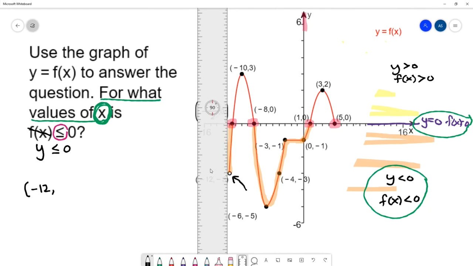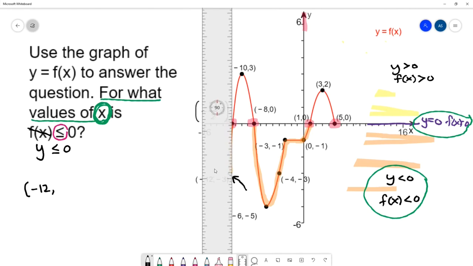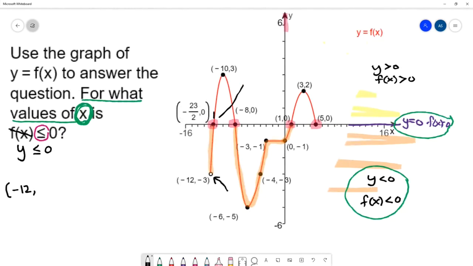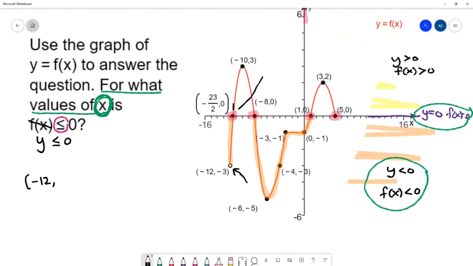Then all of these x's are included until I get to this x right here. Now that point has an x value of -23/2. And I want to include it in my set, so I'm going to use a bracket.